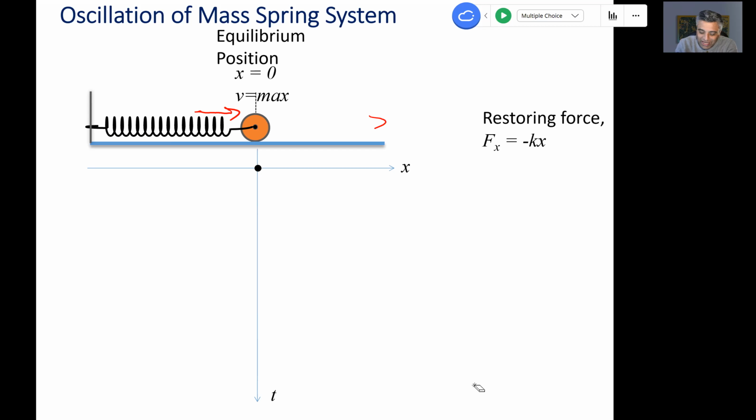So now this object is here. Let's say that position is the 0 position, x is 0. When it arrives here, that can be x equal to 1. When it arrives here, that can be x equal to 2, and so on. So that's going to go like that, isn't it?